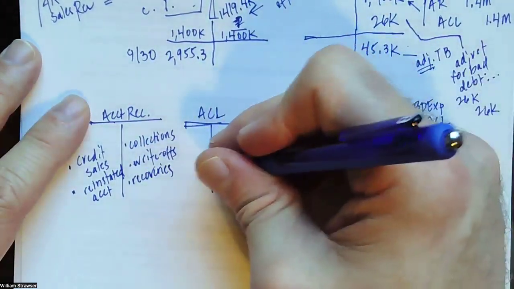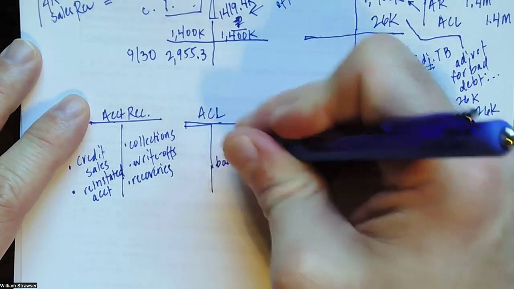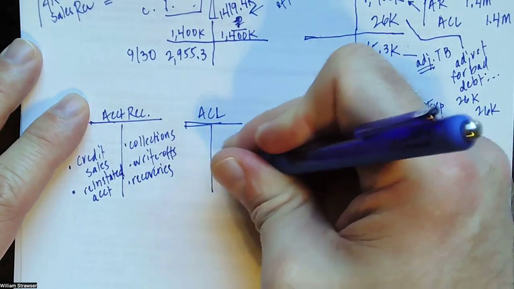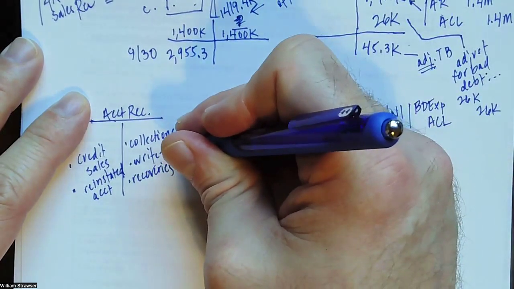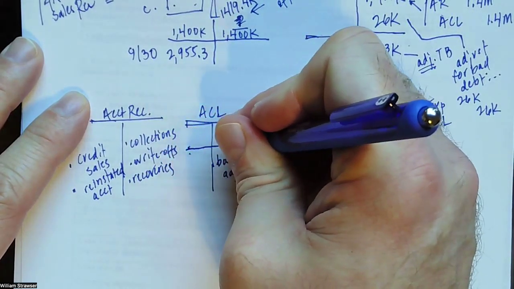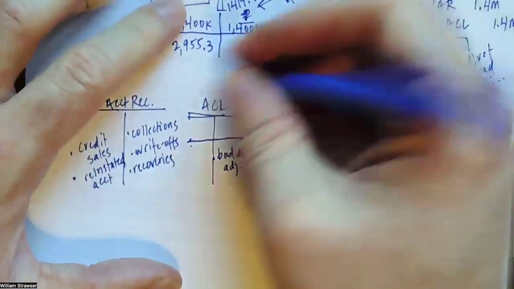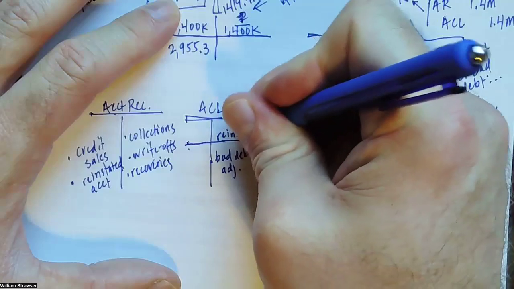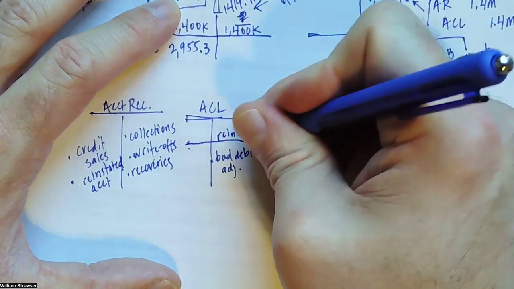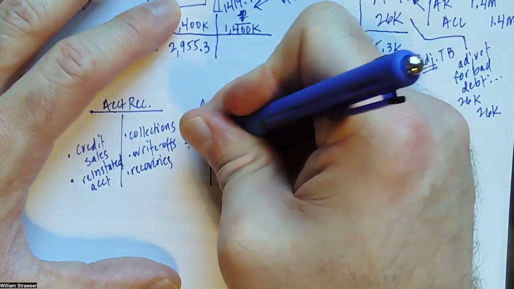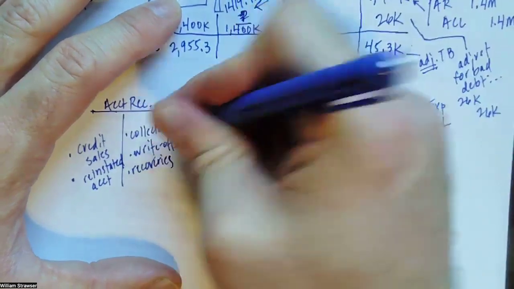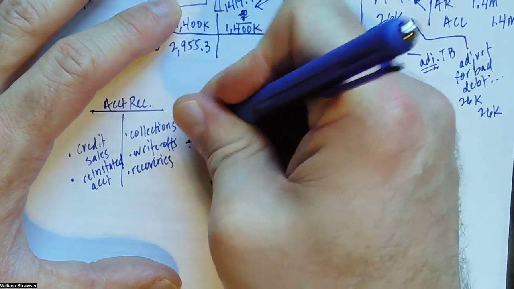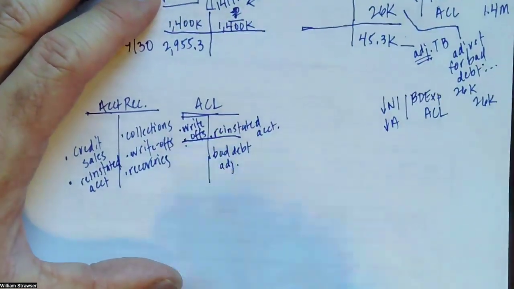For our ACL, we have bad debt adjustment. And that actually happens after we get an unadjusted trial balance amount. Prior to that, we could have reinstatements affect the ACL with a credit. And we also have write-offs over here on the debit side of the ACL.